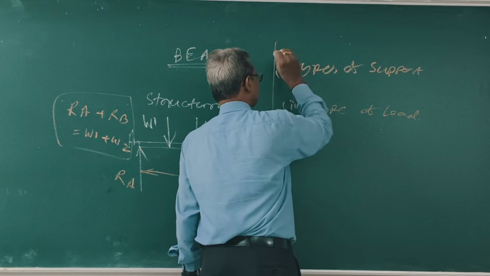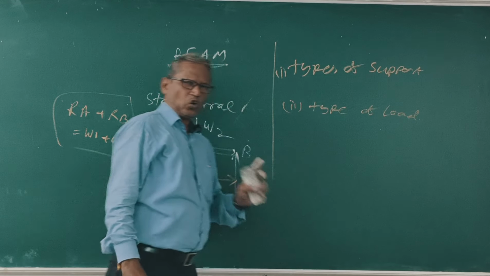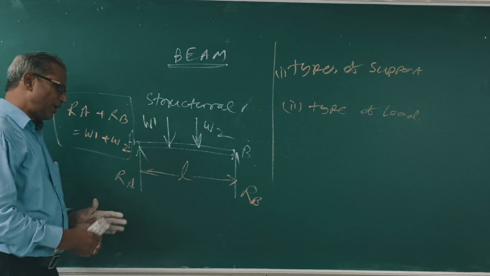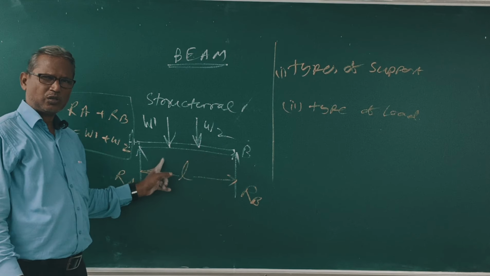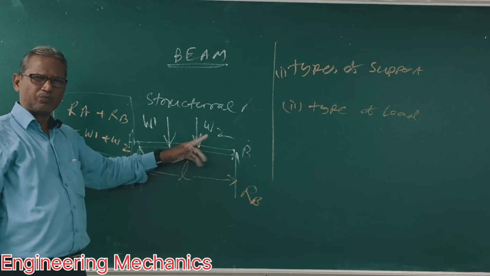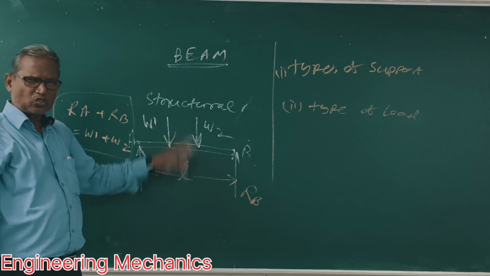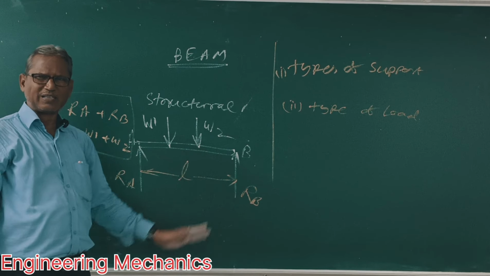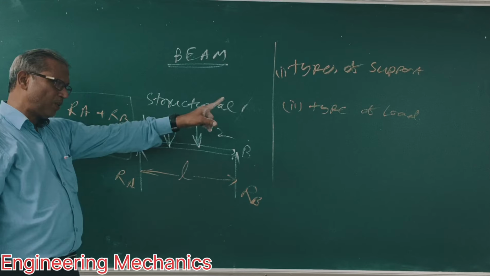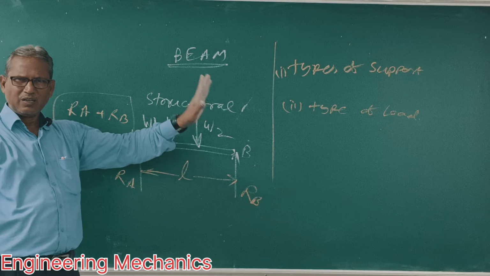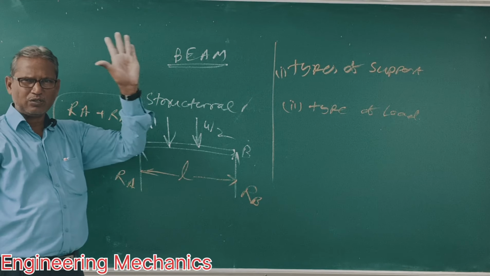Clear? Two points we will discuss. Number 1, what type of support. Number 2, what type of load. The beam is subjected to loads and supports. The loads are action, the supports are reaction. So what type of load, what type of support. Clear? First we will discuss the types of support.